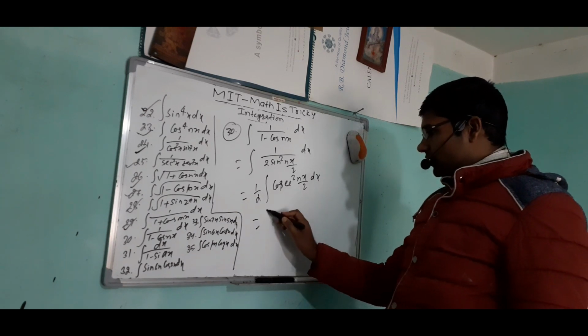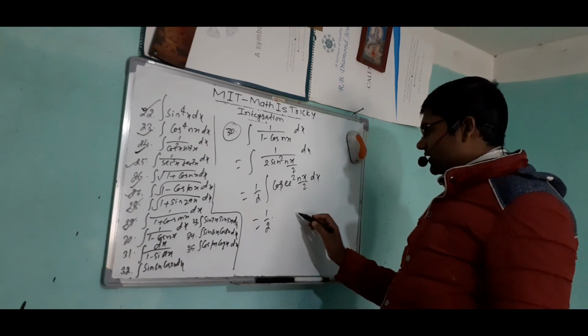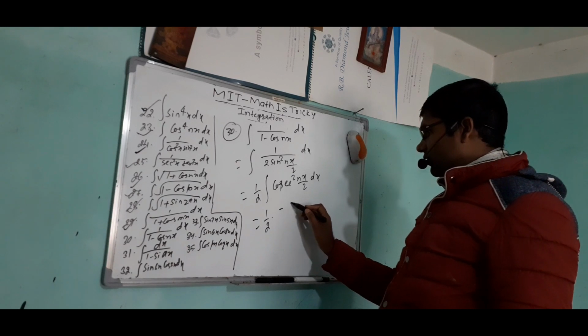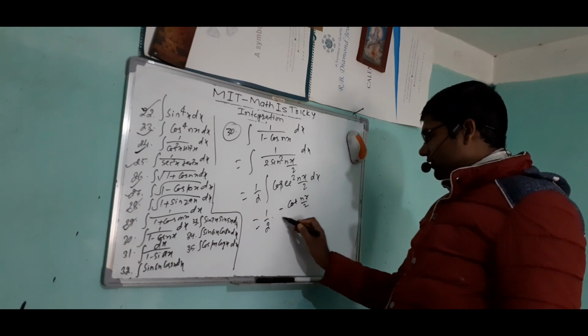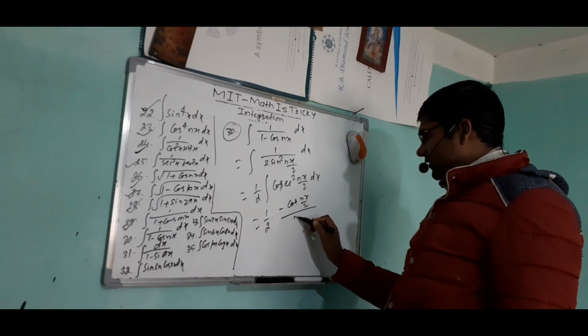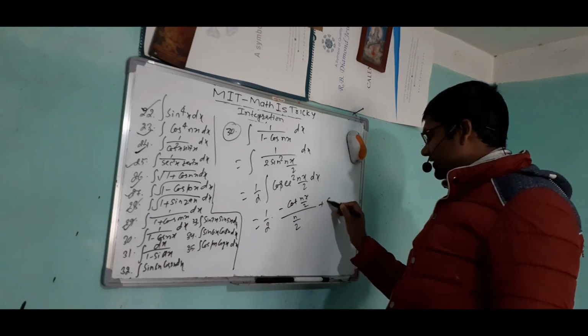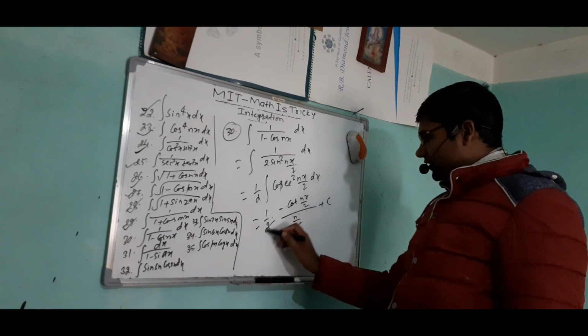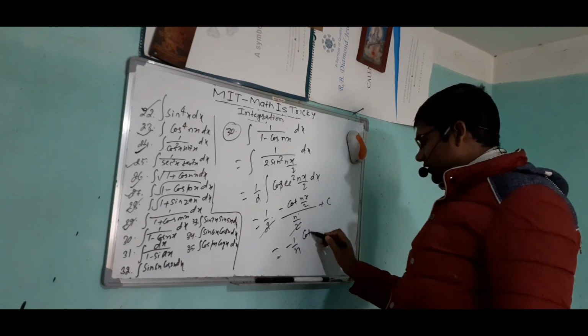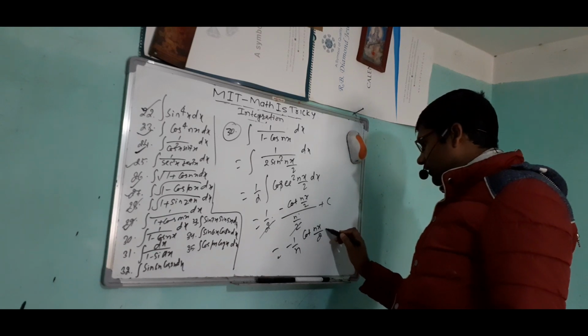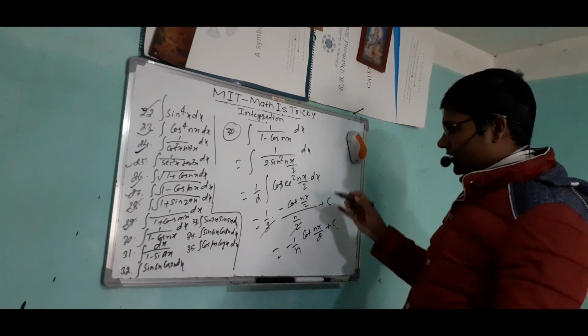The integration of cosec square is minus cot nx by 2, divided by n by 2, plus c. So 2 and 2 cancel here, so it is minus 1 by n cot nx by 2 plus c. That's your answer.